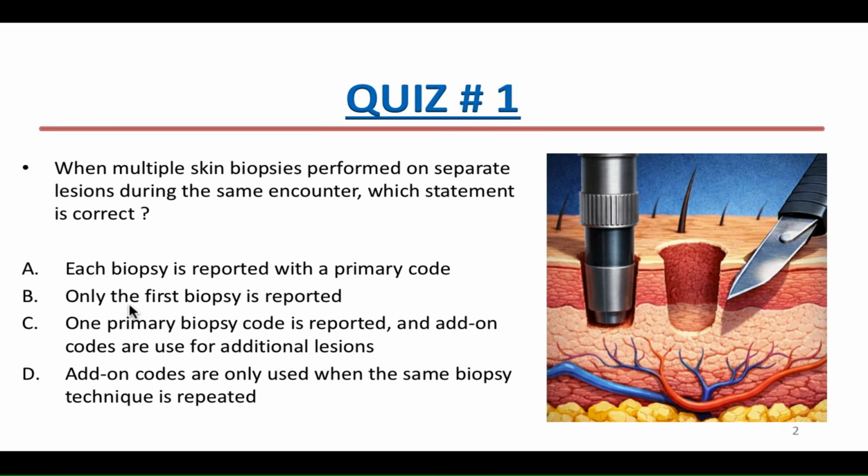B. Only the first biopsy is reported. C. One primary biopsy code is reported and add-on codes are used for additional lesions. Or D. Add-on codes are only used when the same biopsy technique is repeated. I'll give you 30 seconds to think about the correct answer. Your time starts now.